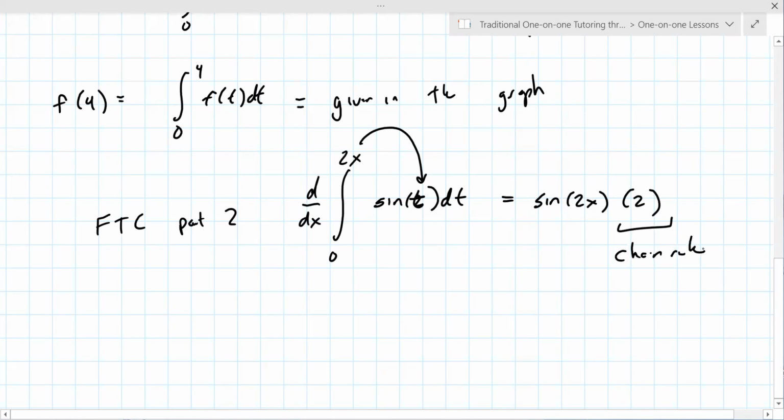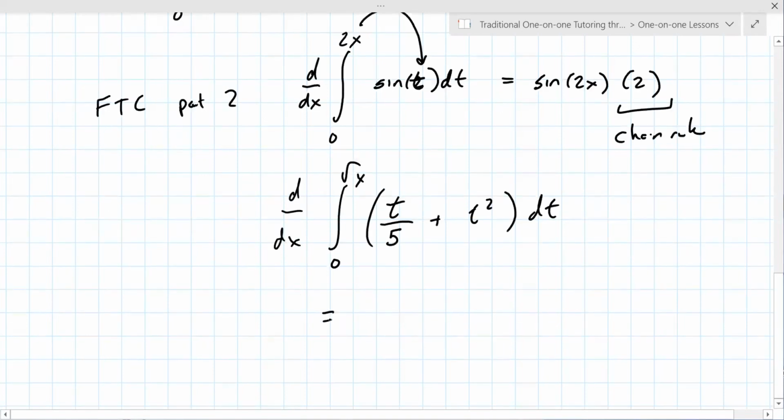I see. So just like whatever the number is in front of the variable, basically, you multiply that? Well, it's whatever's up here. Like if I wanted you to do d dx of the integral from 0 to square root of x of t over 5 plus t squared dt.